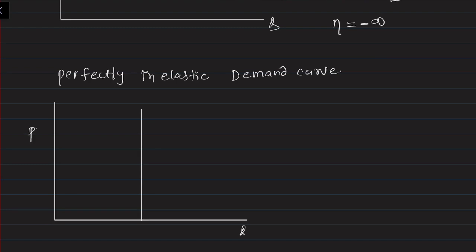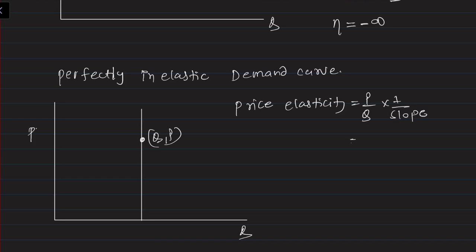This is P, this is Q. Let's take any point, Q comma P, and we have price elasticity equals P over Q times 1 over slope. Now what is the slope at this time? So slope is infinity, right?